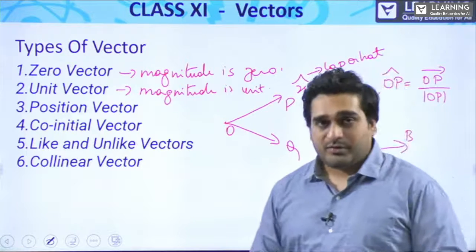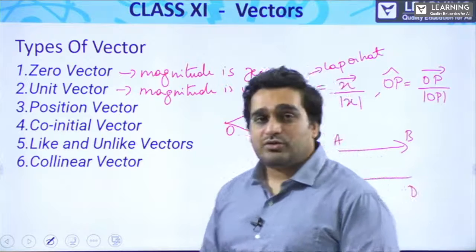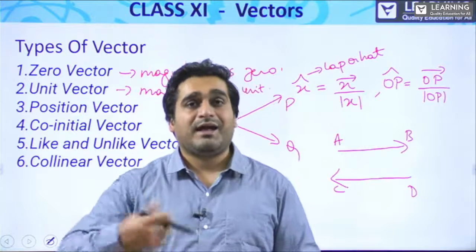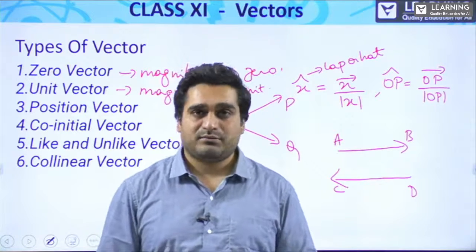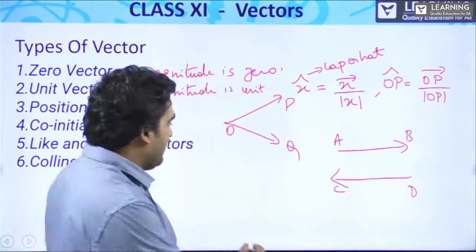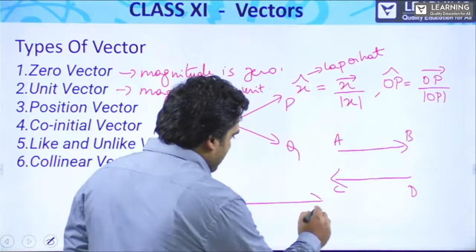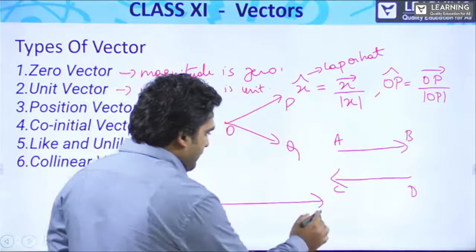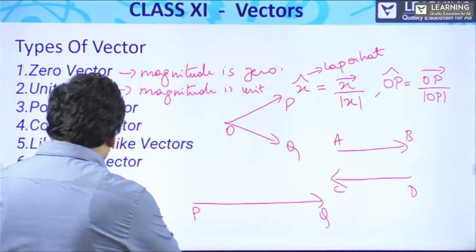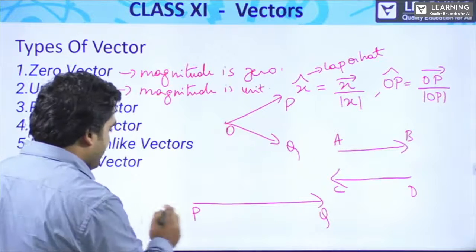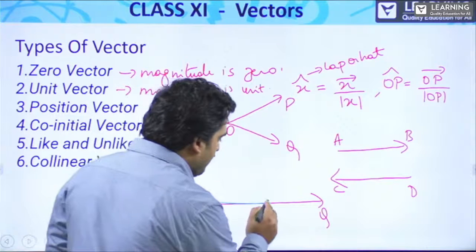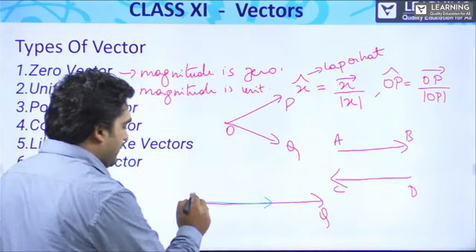Collinear vector. Collinear vectors are those when one vector lies on another vector. Alright, what does that really mean? So if you have one vector, let's say PQ, above which you have another vector lying on top of it, AB.